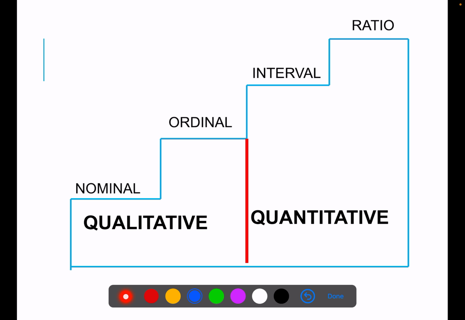For qualitative data, we will have a nominal or ordinal level. And ordinal level means there is a natural order. For quantitative data, we will have interval and ratio level of measurement. And ratio means there's a natural zero, and when it receives a zero, it means absence of something.